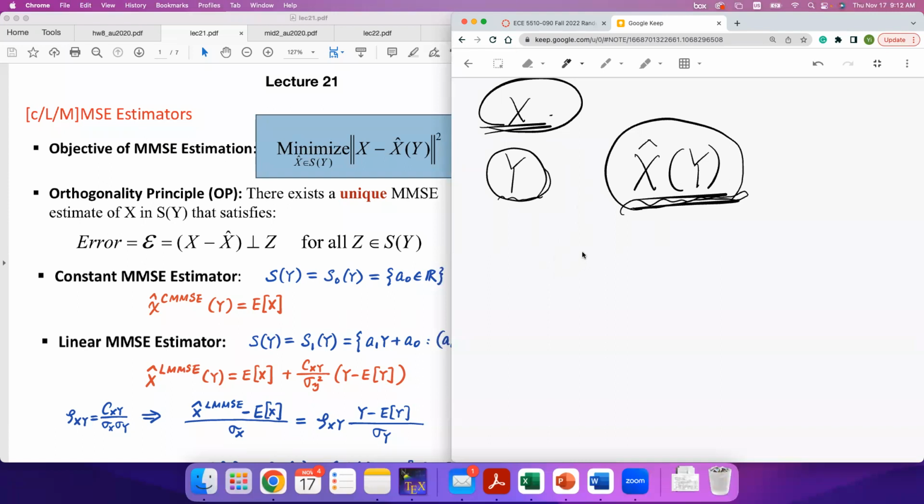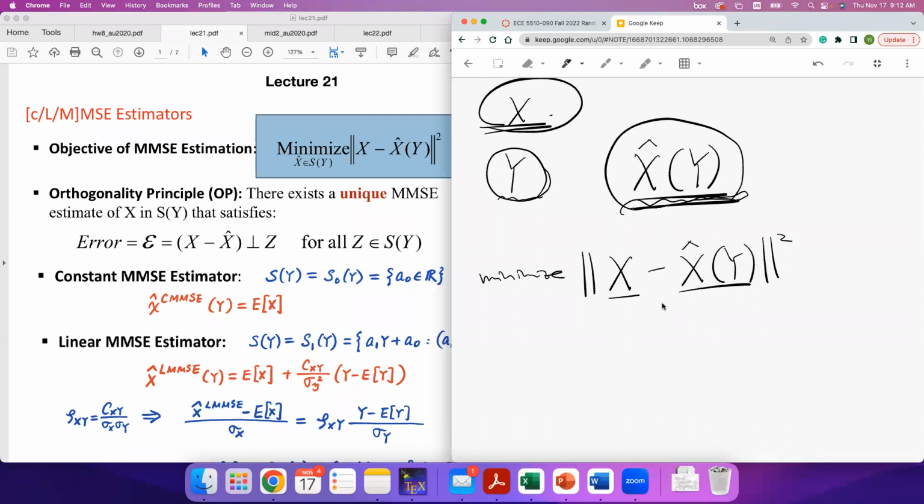Therefore, we formulate this problem as minimizing the error between these two random variables, the square error, the square distance. This is the truth, this is the estimation.